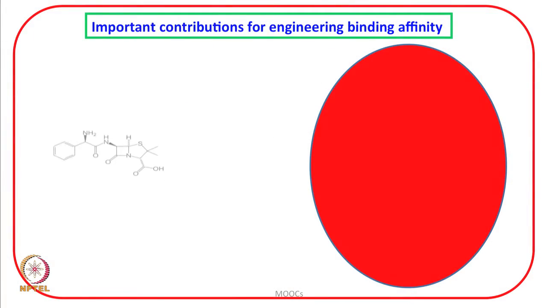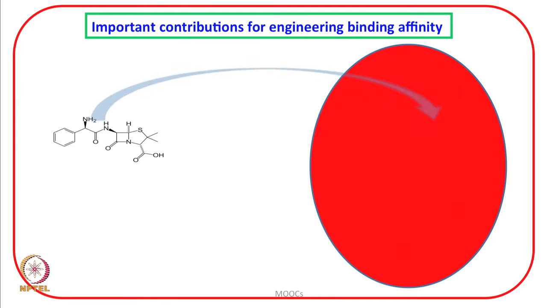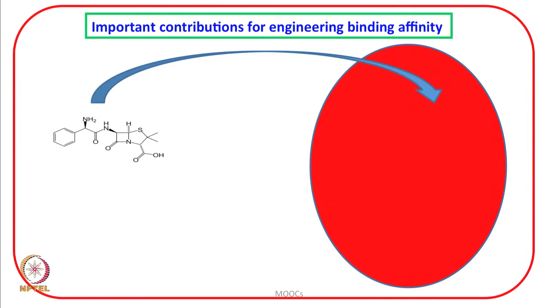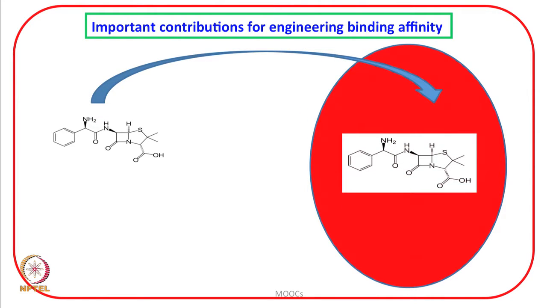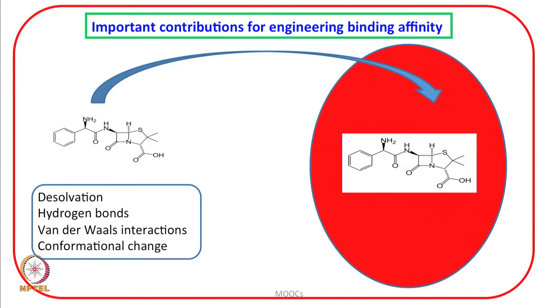And what we discussed, let us take a look at this slide. We talked in terms of this cavity, we also discussed that if this molecule is to be placed in this cavity, then these are the various factors which we need to consider: desolvation, hydrogen bonding, van der Waals interactions, conformational change.